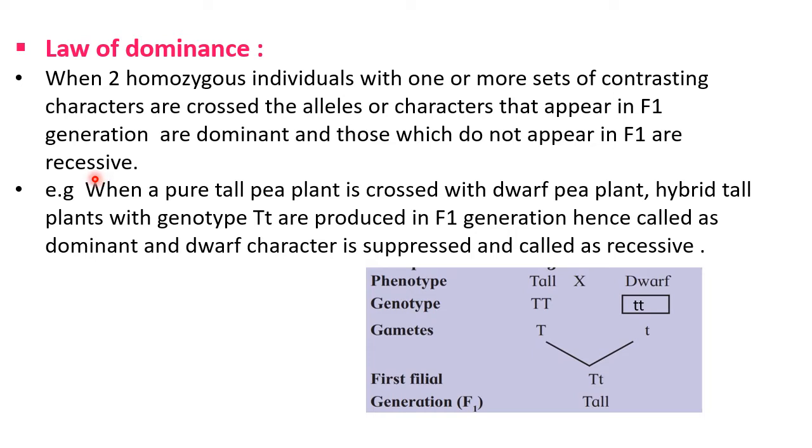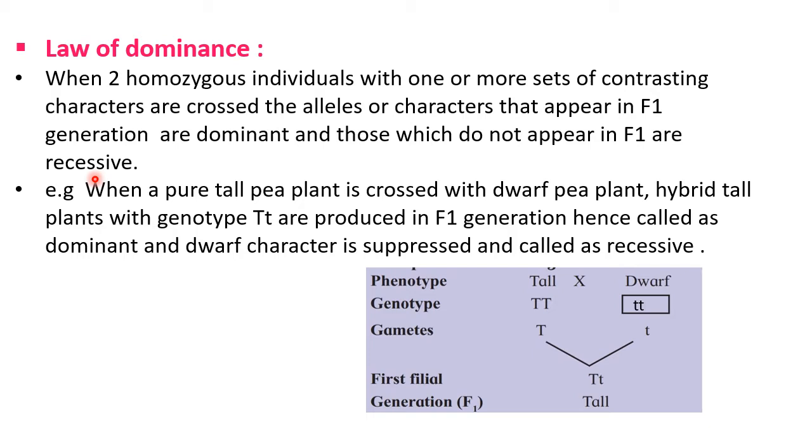In monohybrid and dihybrid crosses, the phenotypic characters are controlled by units called factors, and now these factors are called genes. You know that. We have already studied the meaning of gene.